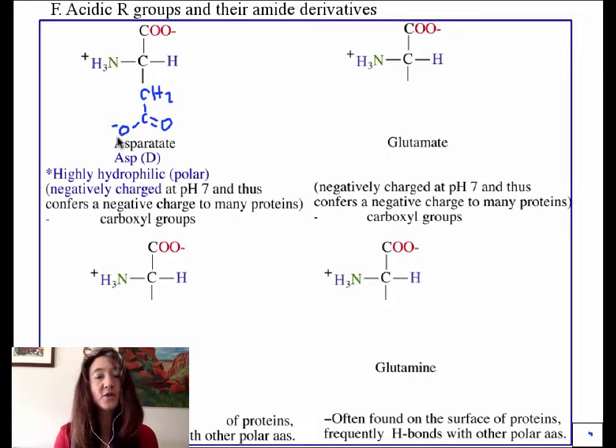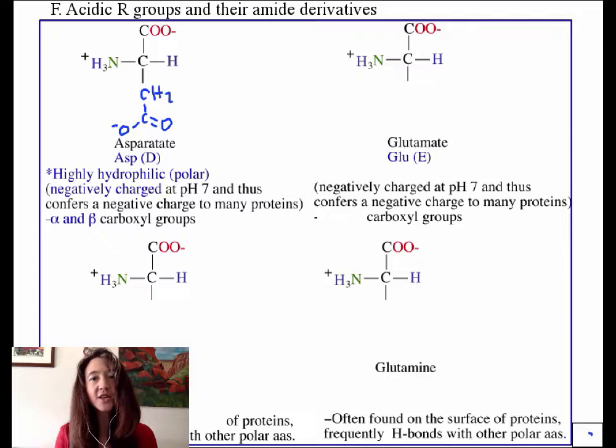However, I suppose if you saw an environment that became acidic enough, if we thought about, like, say, your stomach, then this could cause it to become protonated. Again, it is a dicarboxylic acid with both an alpha and a beta carboxyl group.